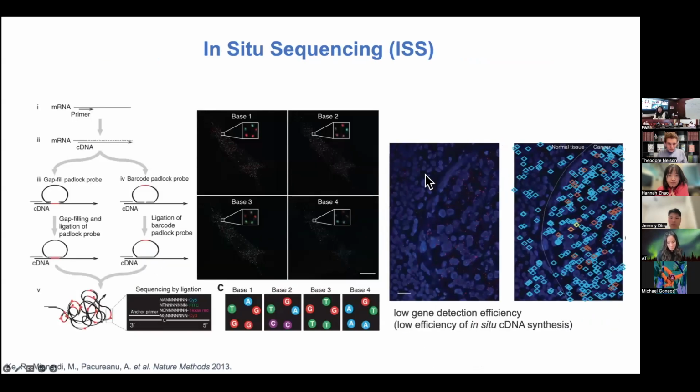And that's when people came up with in situ sequencing, because even if you take these different barcoding methods to detect and amplify the fluorescence signal, there are limitations to how much you can really get those amplified. So how it differs is you're using in situ sequencing.